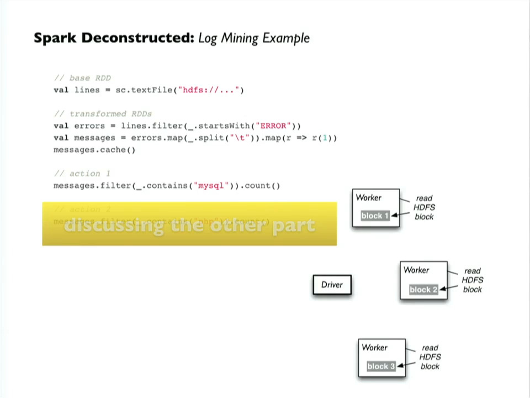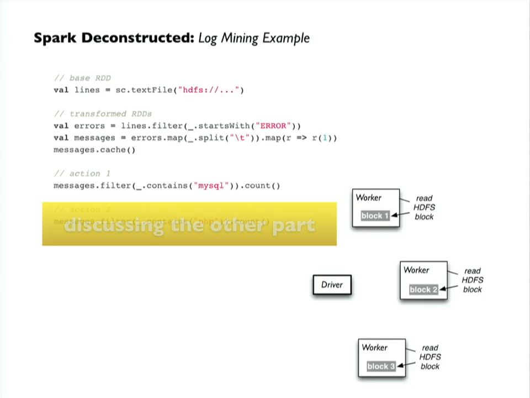The RDDs we're describing here are immutable, so there won't be any updates to them. Once you define messages, it's a value. That's a nuance about Scala: if you see val, that variable will not be updated. But the RDDs are immutable, which means we can do some smart things with caching. The transformations won't be applied until the next action.